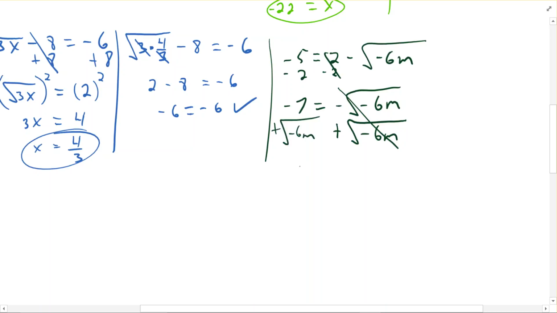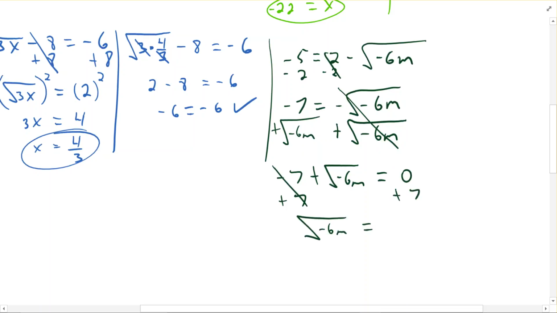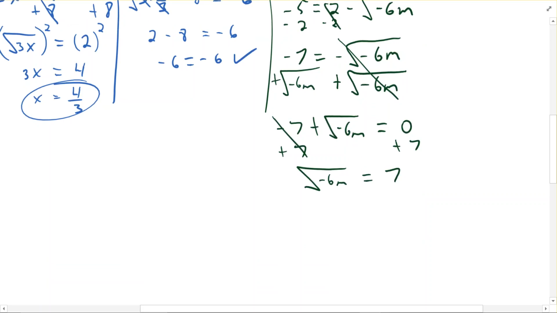Now I've got negative 7 plus square root of negative 6m is equal to 0. Then I could add 7 to both sides, and now I've got square root of negative 6m is equal to 7. So it all ended up the same way. The simplest one, though, is probably once you realize you're in this situation, to just swap the symbols, if you know why. This is just another reason why.